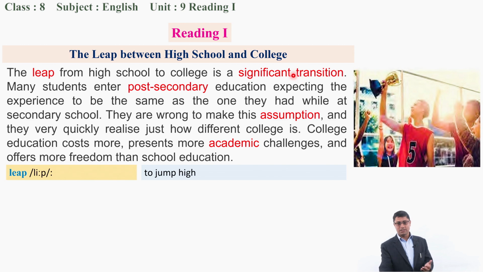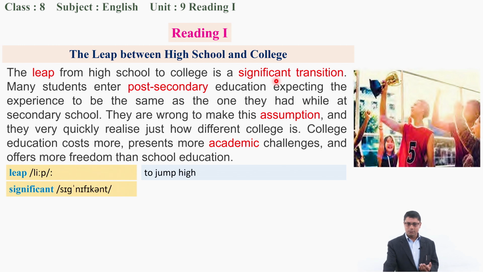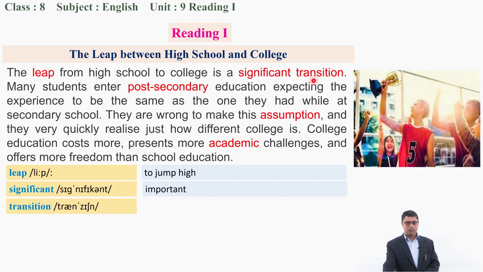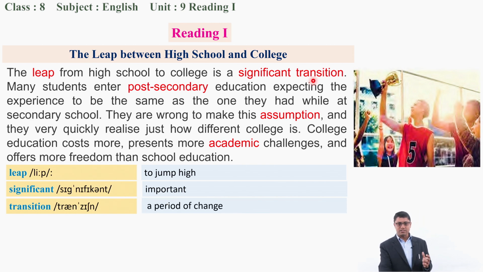The leap from high school to college is a significant transition. What do you mean by this? What does the word significant mean? Exactly, it means important. And what does the next word, transition, mean? Okay, it means a period of change.